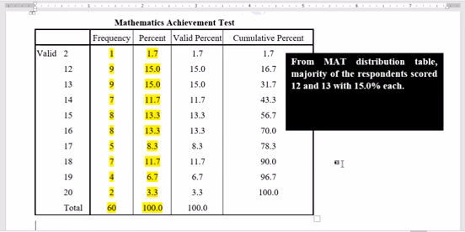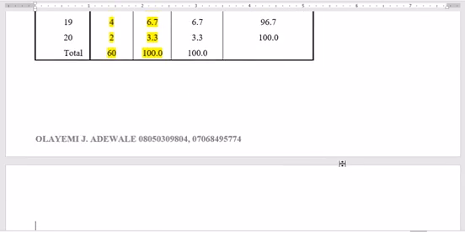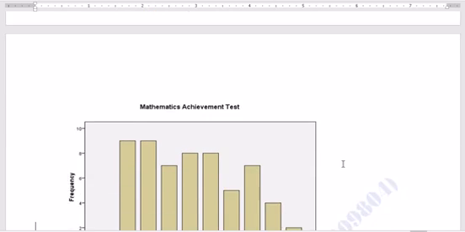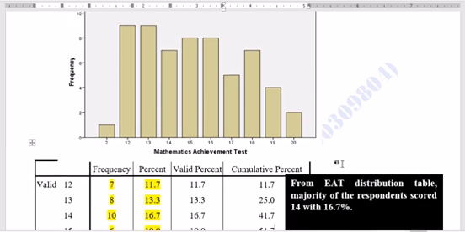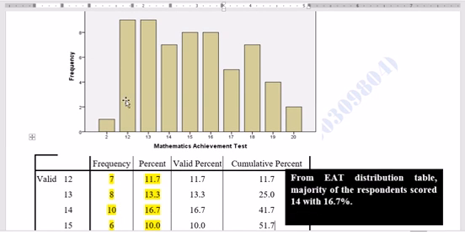Now the next one is English. That one too, we have a table for it. Look at the table. You see 12 and 13, look at the height, they are the tallest among them. We have this for 16, we have this for 18. Look at the one for 2.